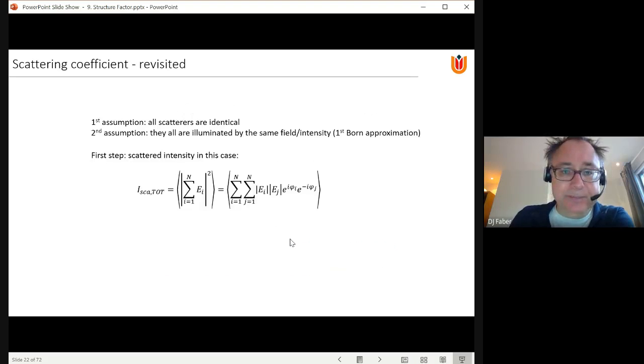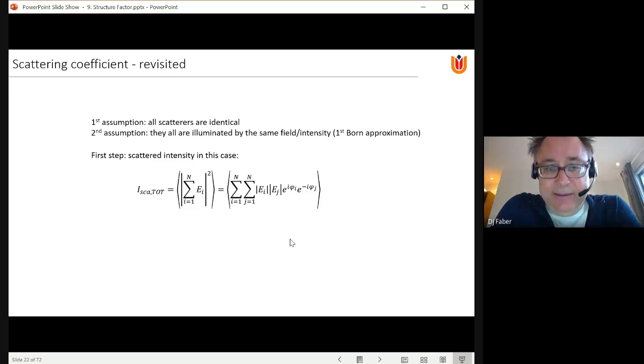So let's look into that further. The first assumption is that all scatterers are identical, and the second assumption, the first Born approximation, is that they are all illuminated by the same field. They all experience the same field. They all experience the same intensity.